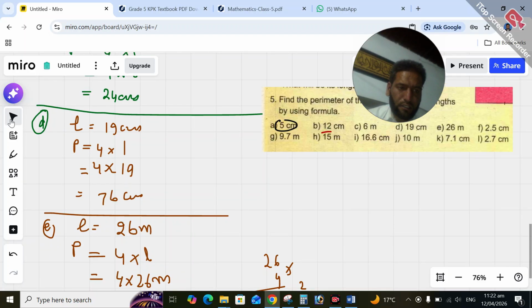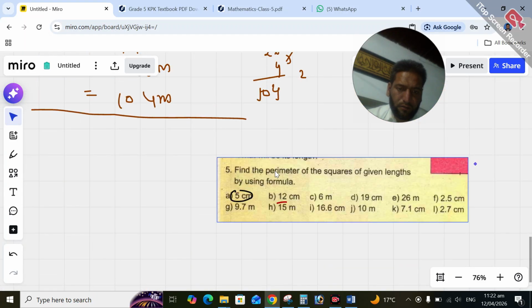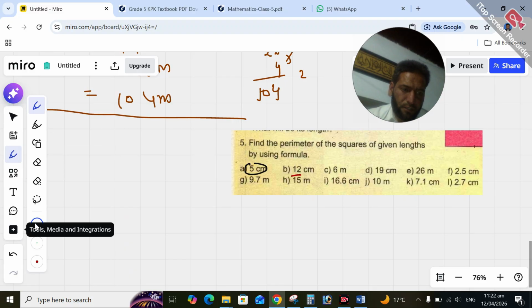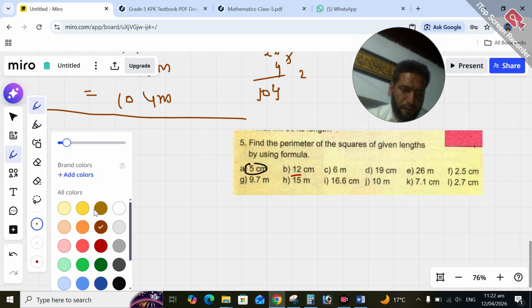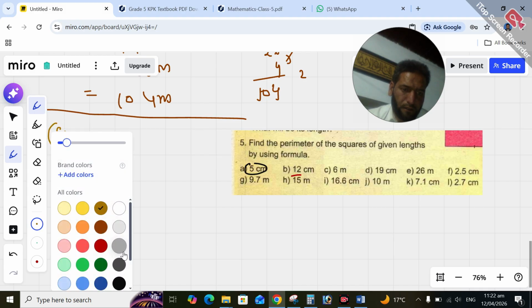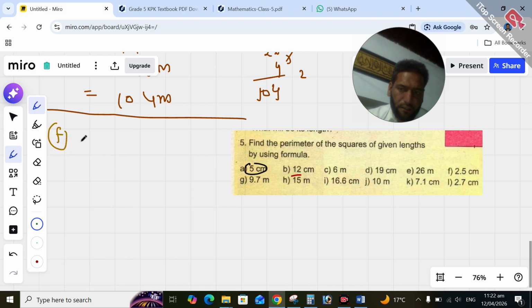Now here the next question, that is question part F. The one side given is 2.5 centimeter.